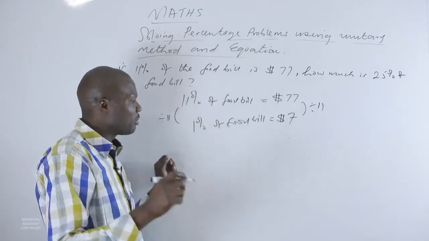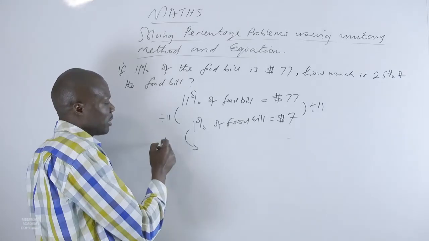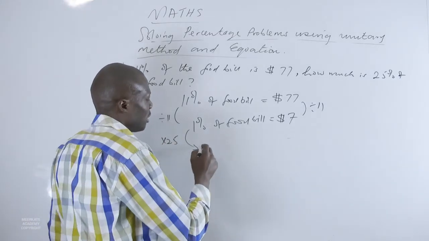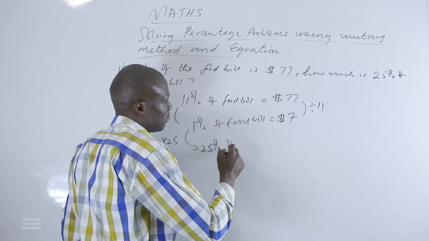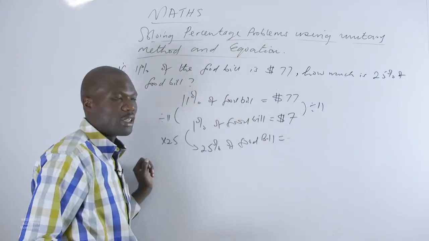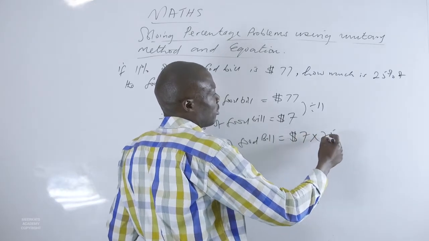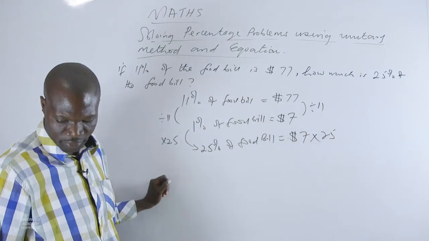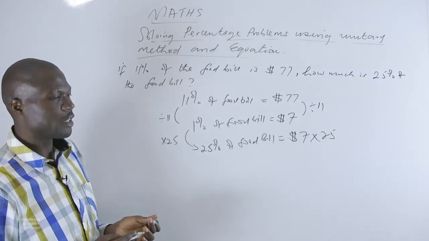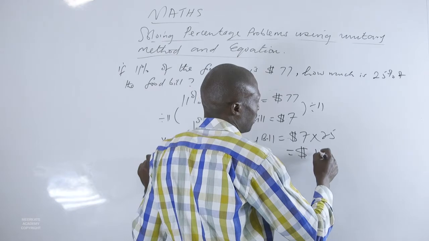How about 25%? To get 25%, here you multiply this side by 25. So 1% times 25 is 25%. Is what? Is $7 multiplied by 25. And when you multiply $7 by 25, you'll get a total of $175.